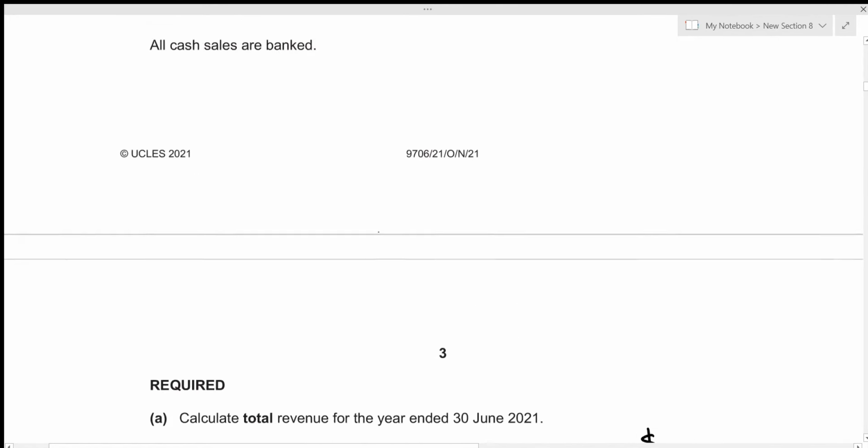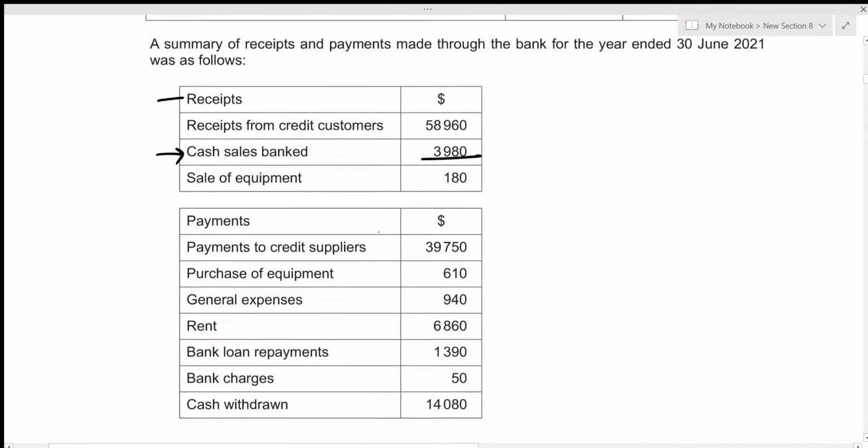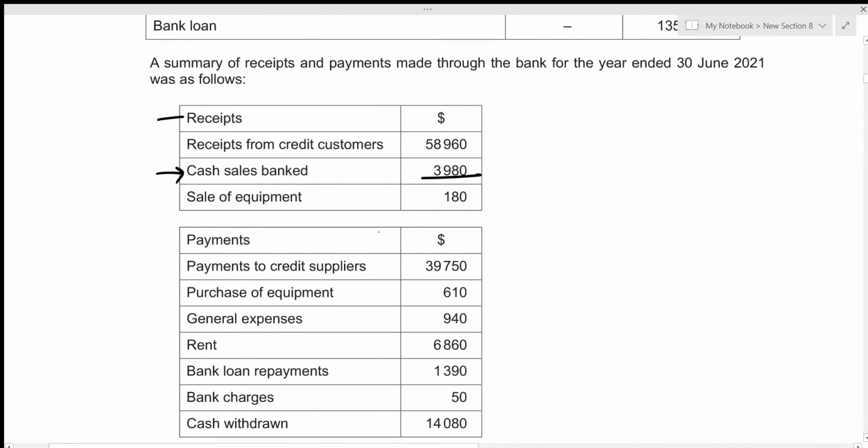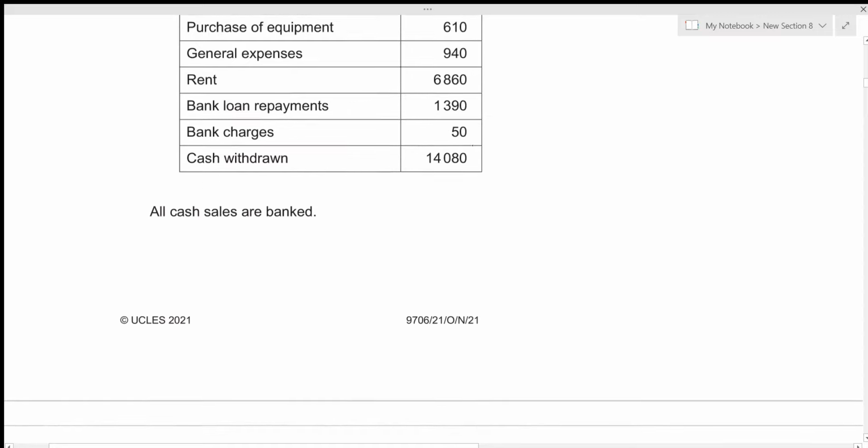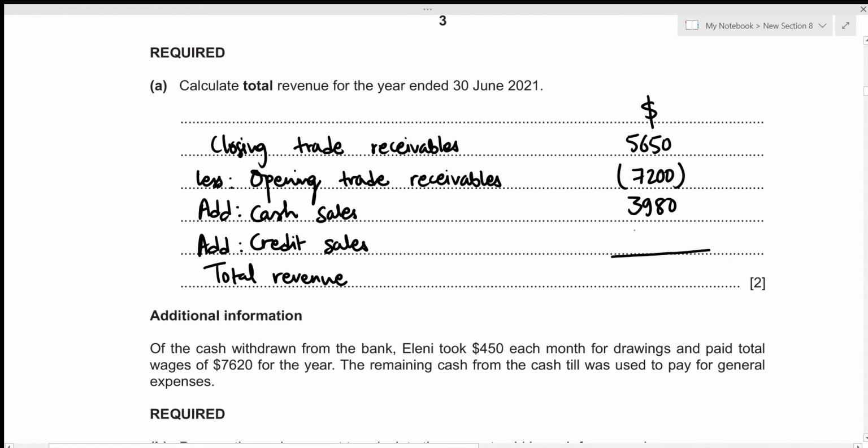So whatever credit sales made during the year, the amount received in turn of it is the credit sales. So this is also given in the receipt section right here, receipts from credit customers, because they took the goods on credit. And it amounts to 58,960. So we will just substitute this amount.